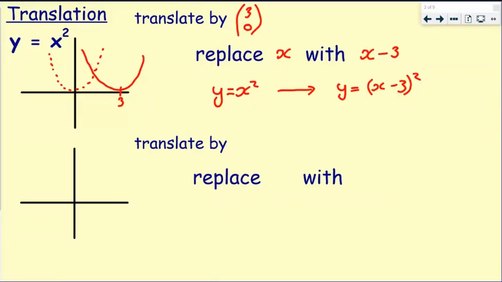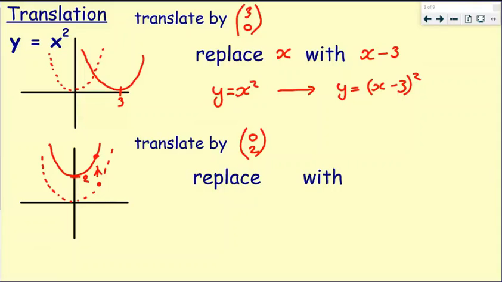If I wanted to translate by, say, (0, 2), this time we're going to be going up 2. We take our y equals x squared graph, and we're just moving it up 2. Again, mark off the points that you know. Here, all of the y coordinates are being moved up 2.